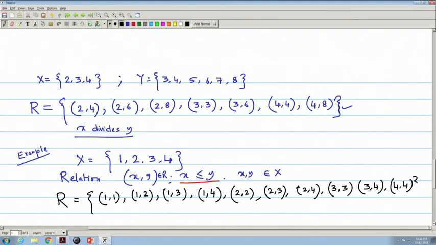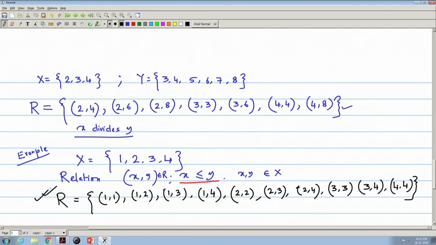These are the ordered pairs for which x is less than or equal to y. So, this is one relation.